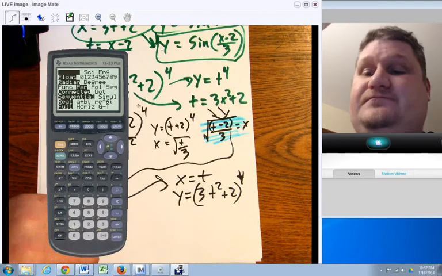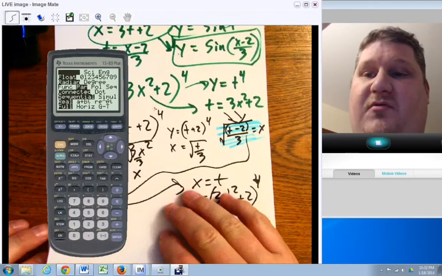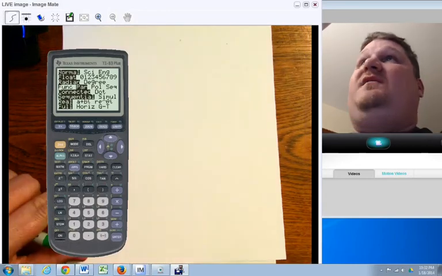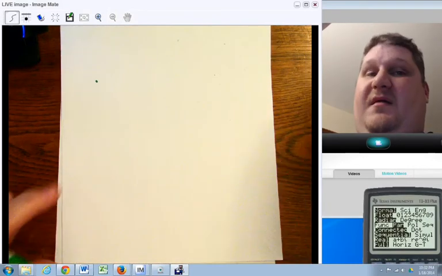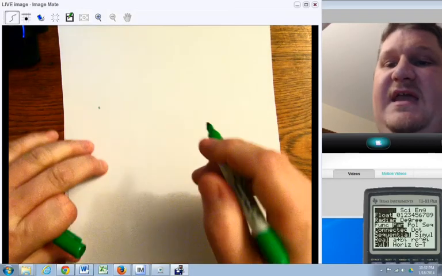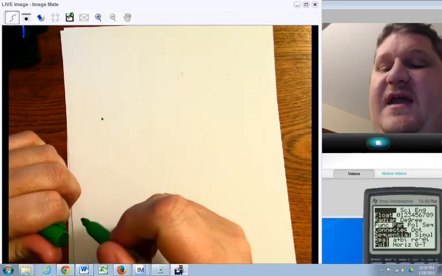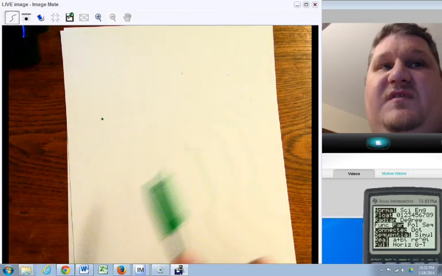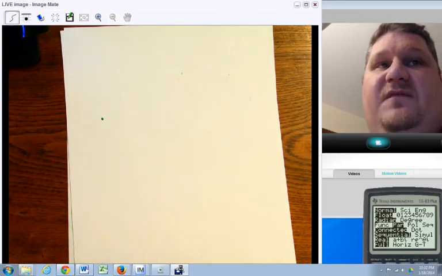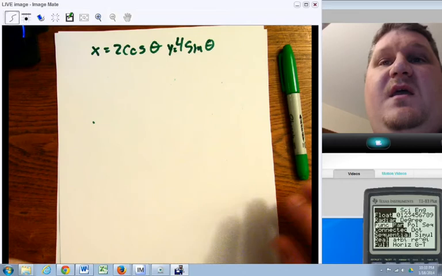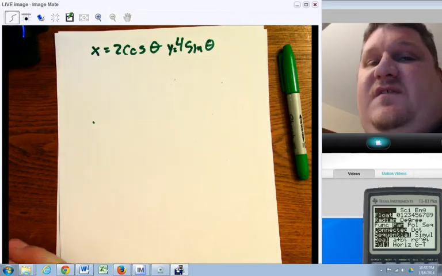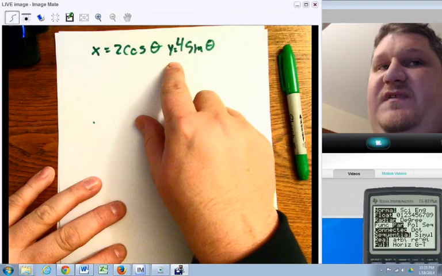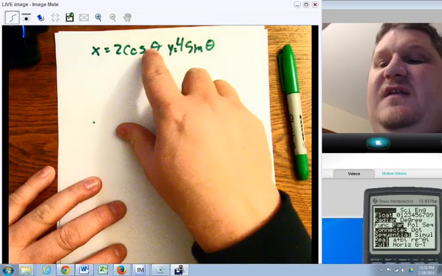Now, that's not the only parameter that we can use in parametrics. There are times where we need to use a different parameter. In that case, we may have to use something with a theta. So, just a moment, we'll do a couple thetas. In this case, what we have is we have two equations again, x equals something, y equals something, but now instead of time, it's in terms of theta.